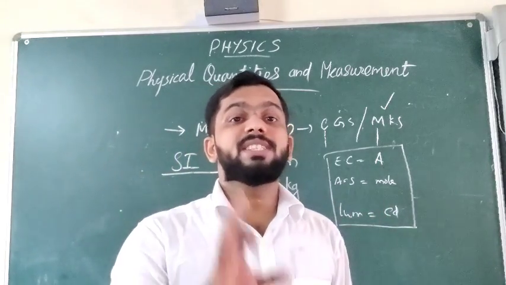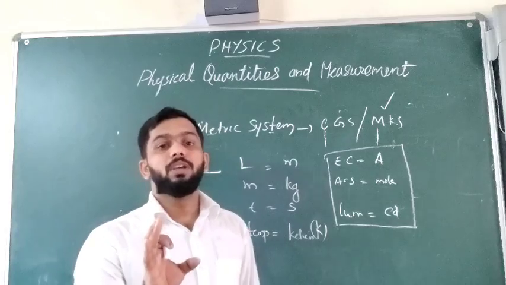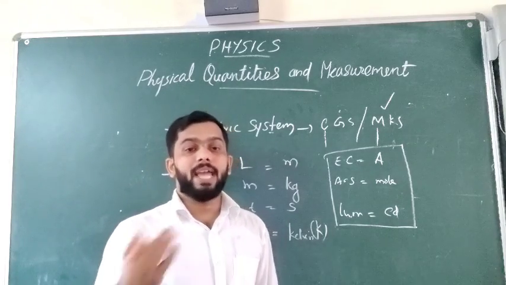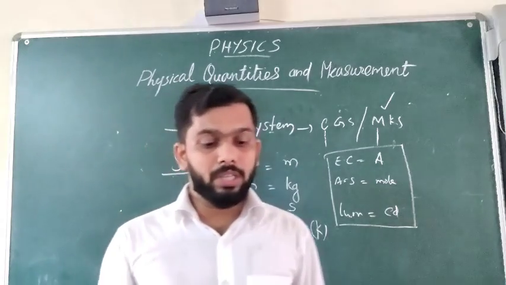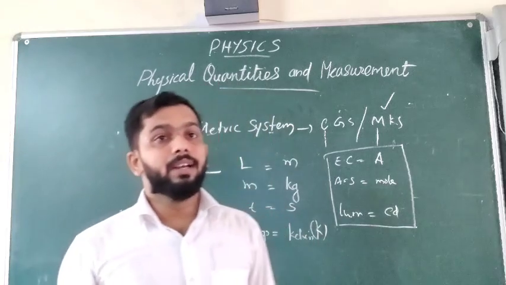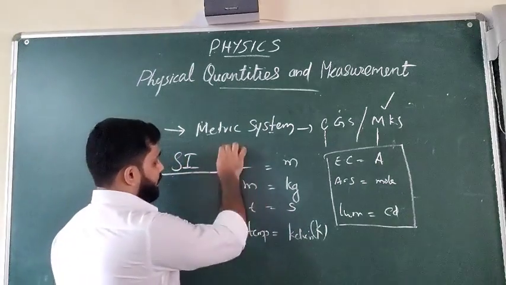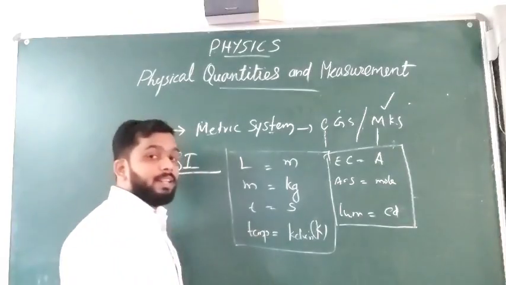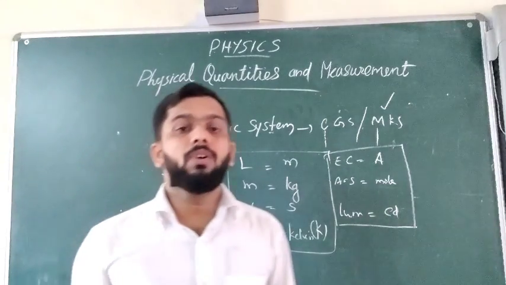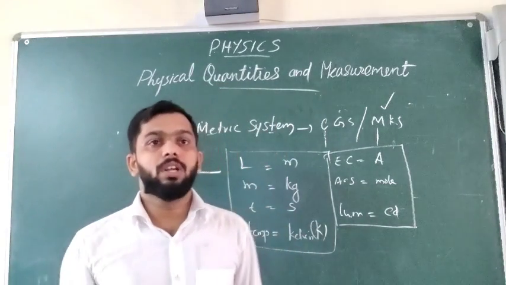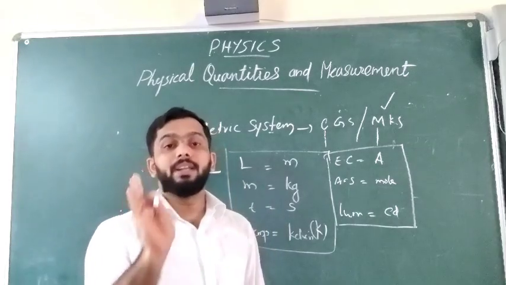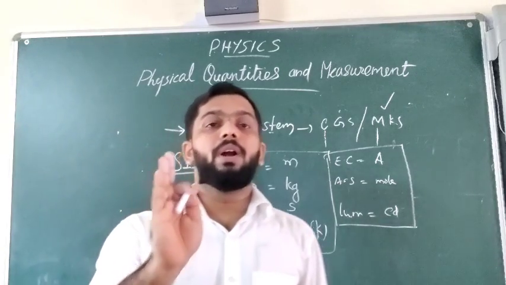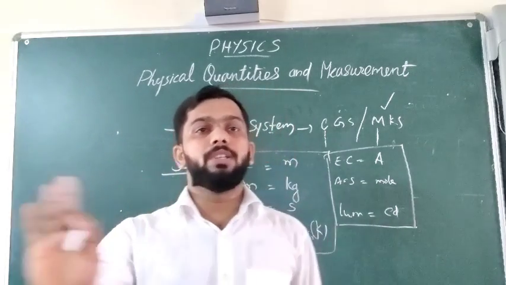So these are the 7 fundamental units given by the scientists in 1960 at Paris, and this is known as SI units, or standard international units. This will never change as long as the world or science exists. The units of these fundamental quantities are not going to change.